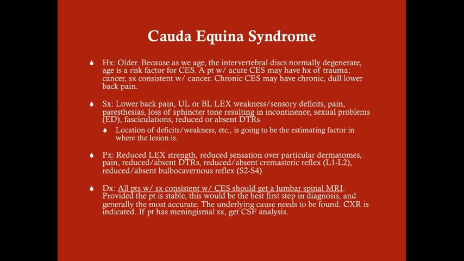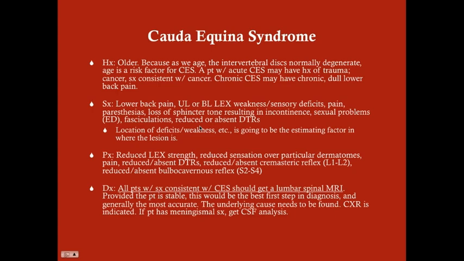So lower back pain, then neurologic symptoms of lower extremity weakness, which could be unilateral or bilateral. They can also have sensory deficits of the lower extremity, paresthesias, loss of sphincter tone, which can result in urinary or fecal incontinence, sexual problems, and then fasciculations and reduced or absent deep tendon reflexes.